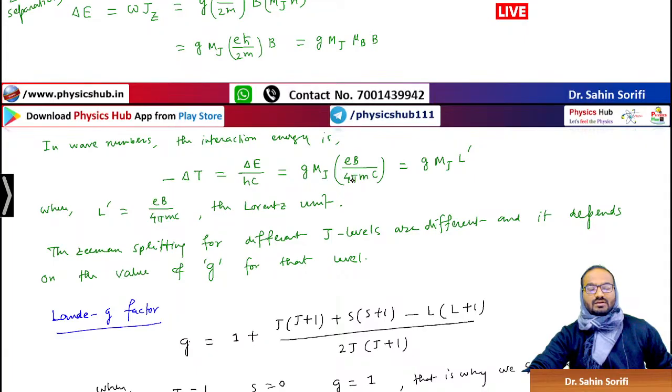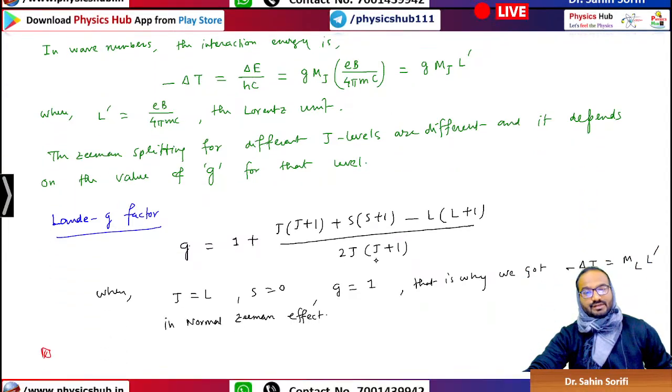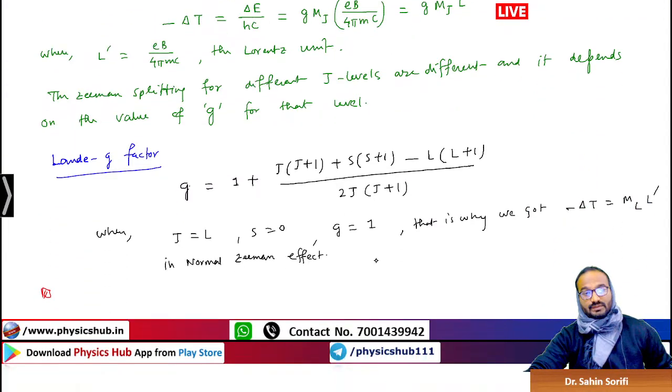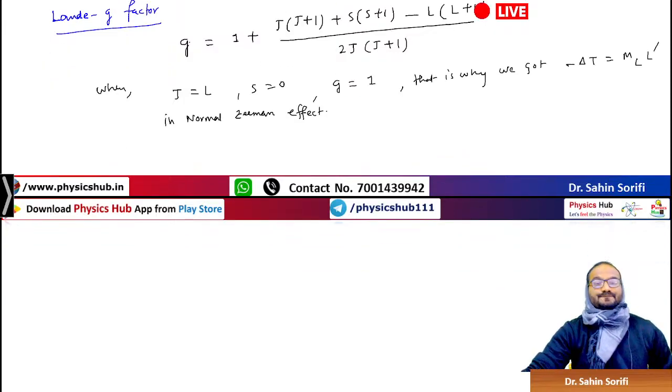You can easily convert now. eB by 4 pi mc: you can put it as eħ by 2m by multiplying and dividing, the way we did in a problem. You can do it in that way. Don't unnecessarily increase the number of formulas. Okay, let's move on.